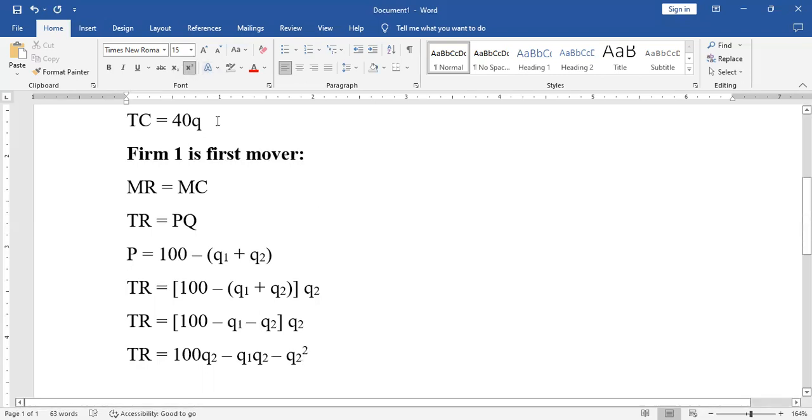Yes, Q2 squared, so it will look like that.